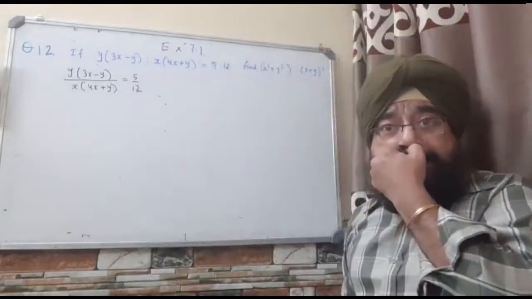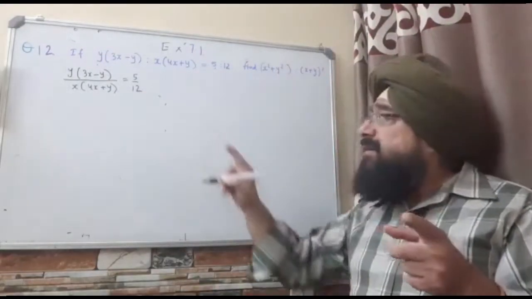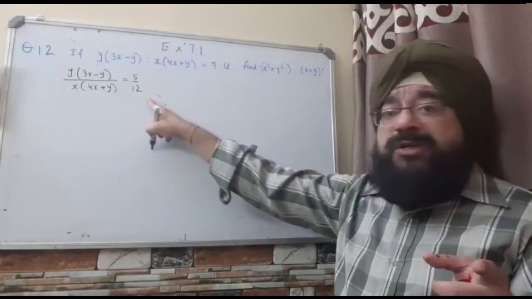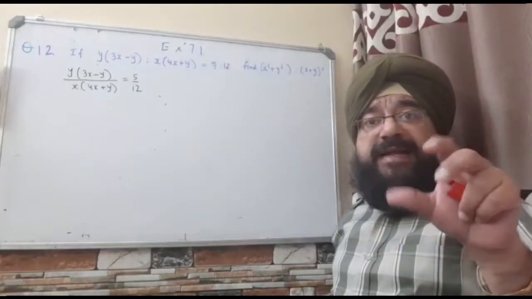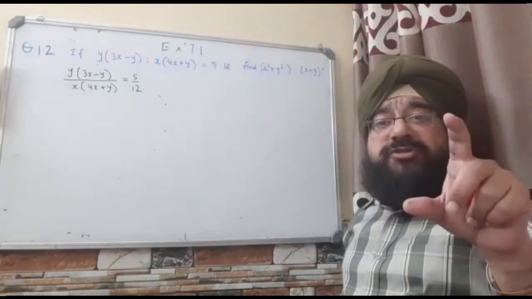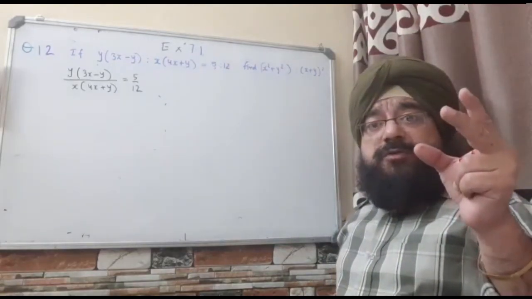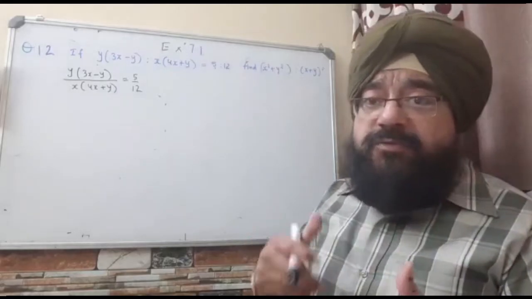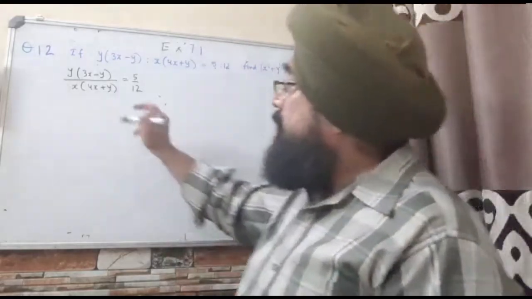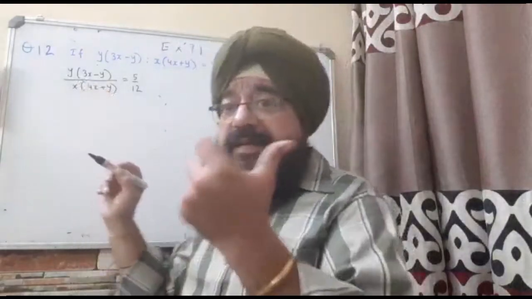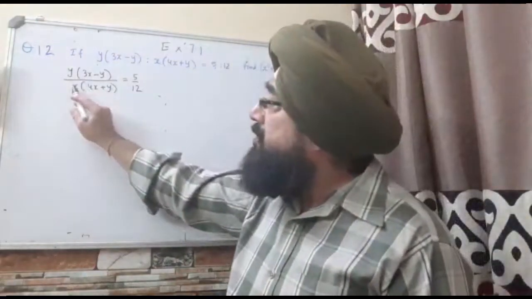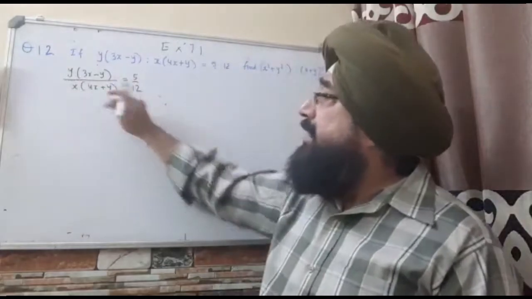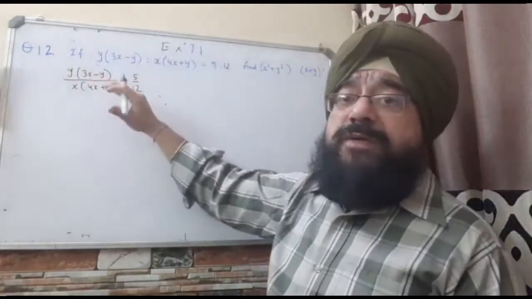So this is a mathematical statement which is turned out to be an equation, and I will do something with this equation to find x in terms of y, because there is one equation and there are two variables. So you can only find one variable in terms of another variable here. So the first step here will be that I will cross multiply this x and y so that I can get rid of all this brackets and solving.